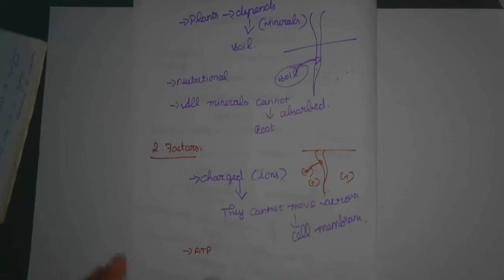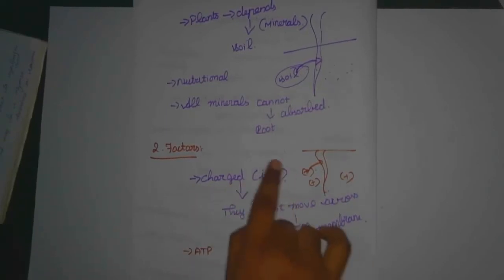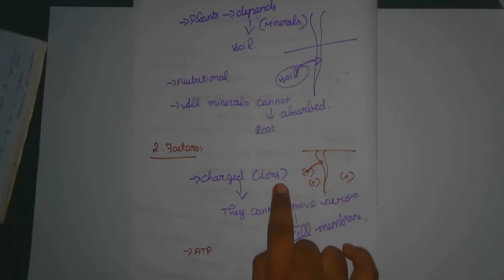So these are the first and second factors of the uptake of minerals. The first factor, we said, is that the minerals are present in the soil in the form of charged ions.